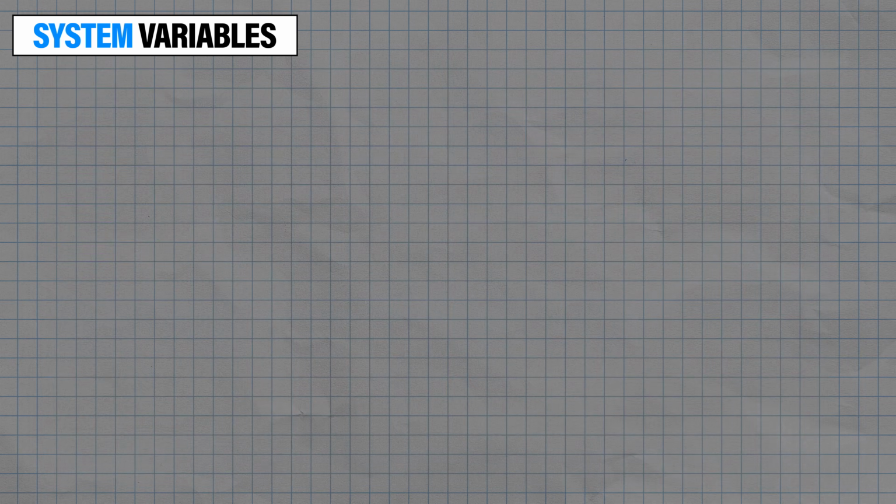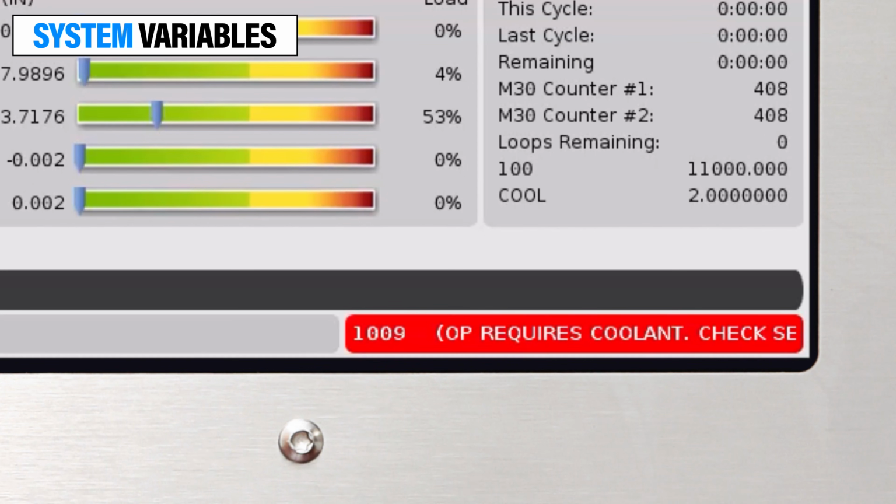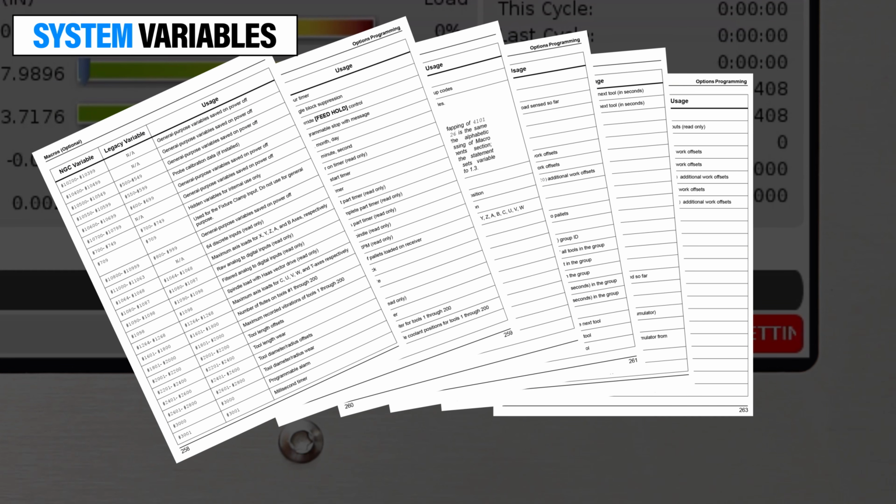We can access our settings. We can create our own programmable alarms by using our pound 3000 system variable to alarm out if that setting that we just checked wasn't how we wanted it. And just look at all of these system variables that we can play with. Look through your manual for the list that applies to your machine.